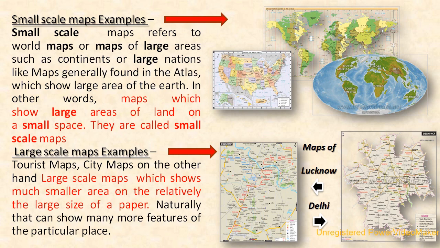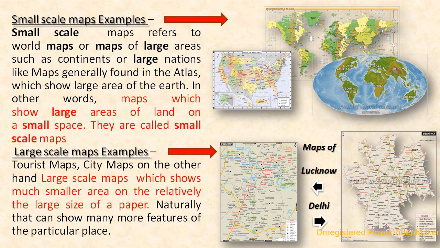So on an A4 size paper, if we are drawing relatively small places like Lucknow or Delhi, we can give much more detail in that particular map. This way, if we draw a small area on a relatively large size of paper, that kind of map is called a large scale map.